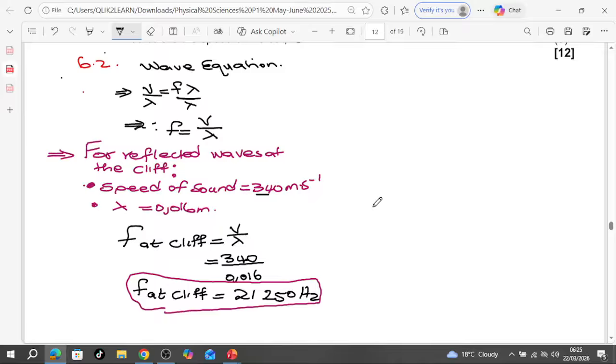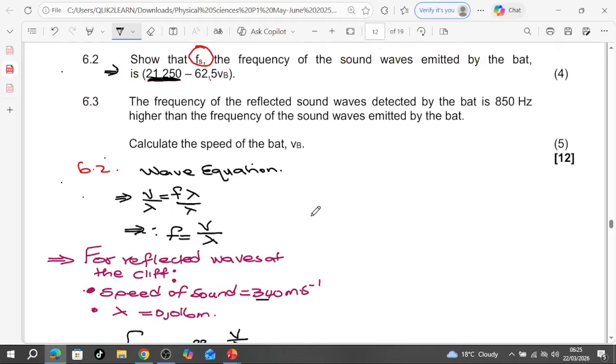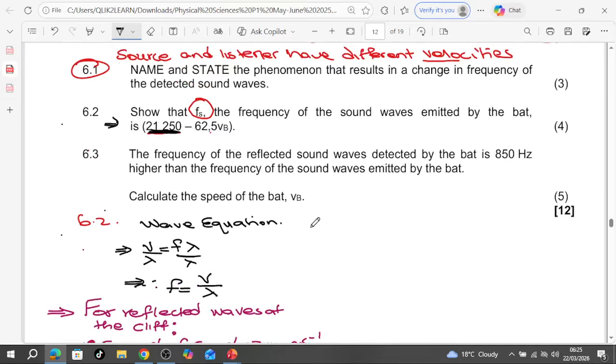Now that you have the frequency at the cliff, please guys, it is not your Fs. Why is this frequency not the frequency of the source, the frequency of the sound waves? Because the bat is moving towards the cliff. I hope you guys understand that part.